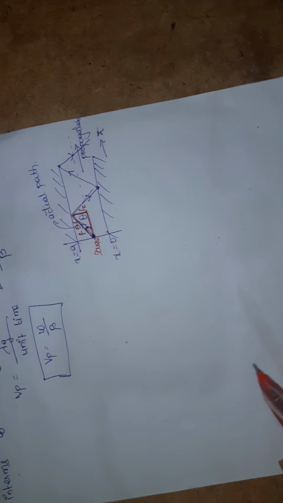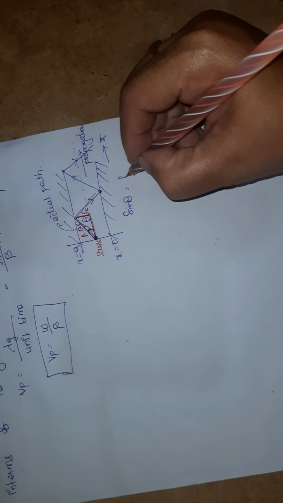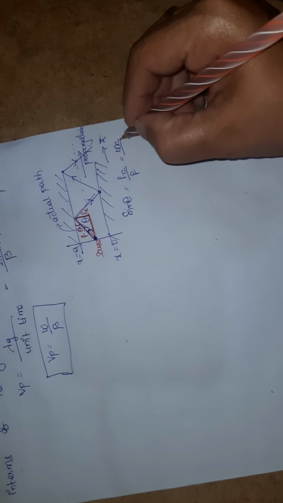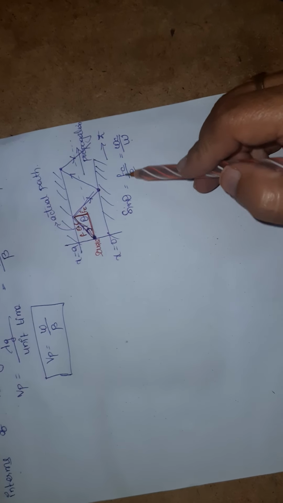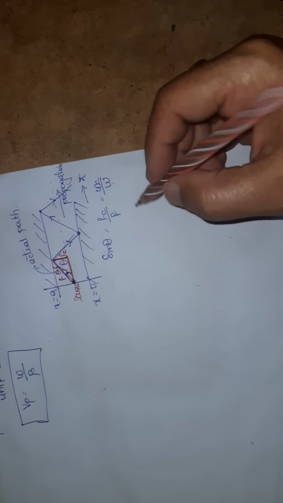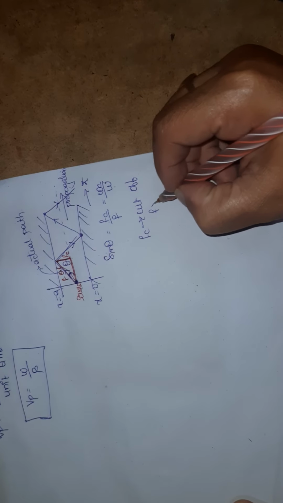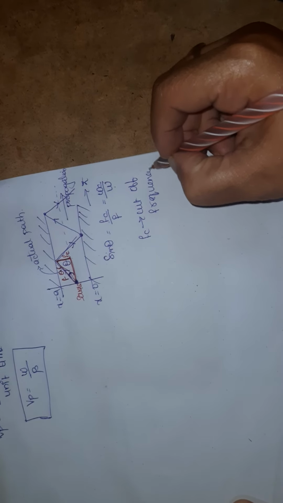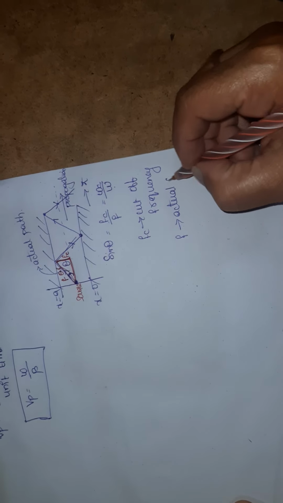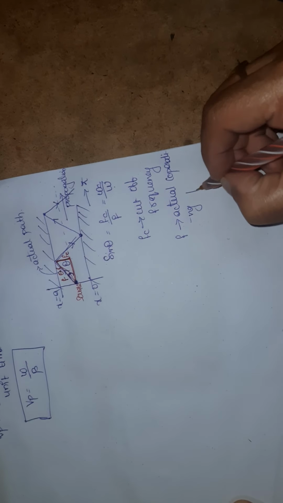From this, what is sin theta? Sin theta is fc by f. If I write in terms of omega, it is omega c by omega. fc is the cutoff frequency, and f is the actual or operating frequency.